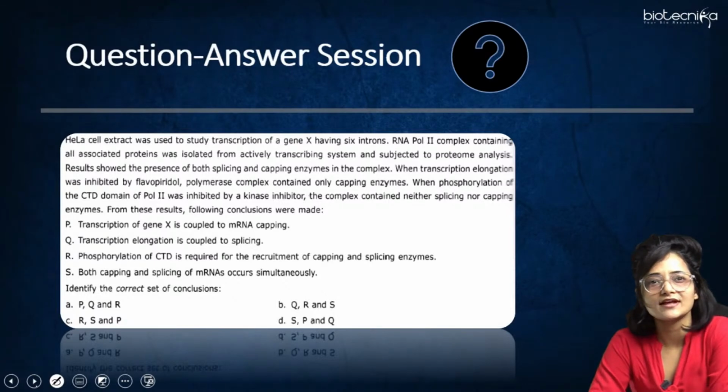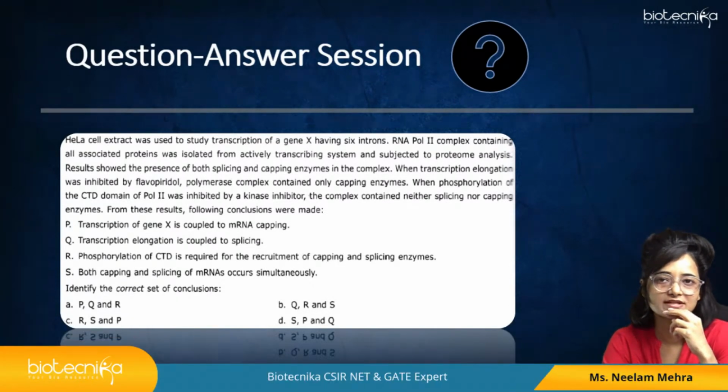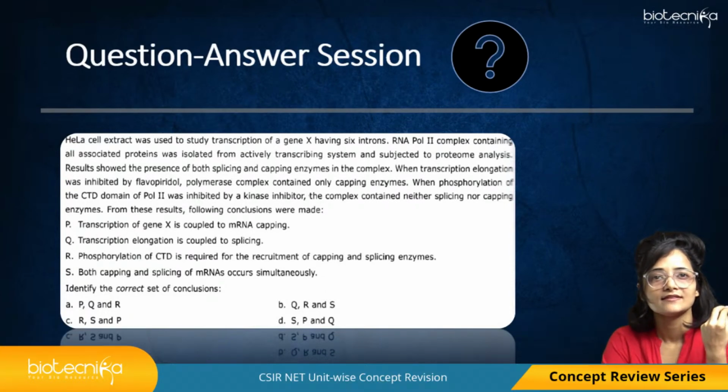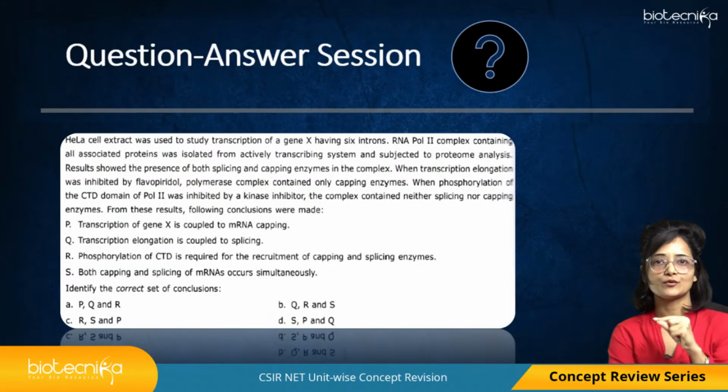Results showed the presence of both splicing and capping enzymes in the complex. When transcription elongation was inhibited by a drug, flavopiridol, the polymerase complex contained only capping enzymes. Only the capping enzyme was present; the splicing part was removed.